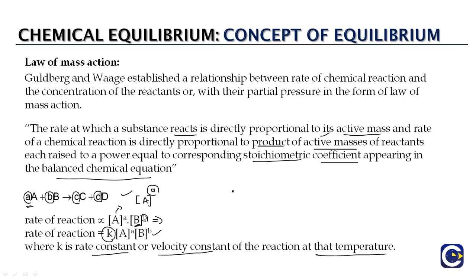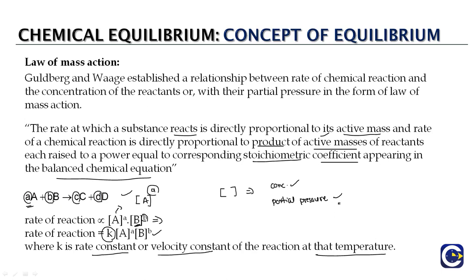Here the active mass may represent the concentration of the substances, or it may even represent the partial pressure of the substances. Generally, for reactions where we have substances in liquid solution, we look at the concentrations, and for reactions predominantly involving gases, we look at the partial pressures of the gases. So this is the law of mass action.